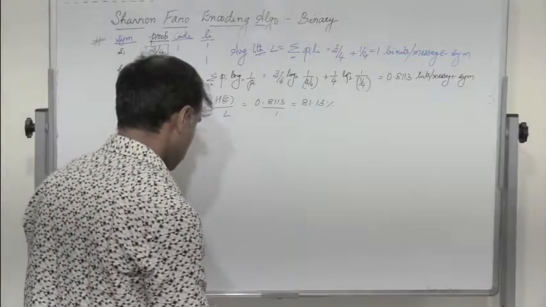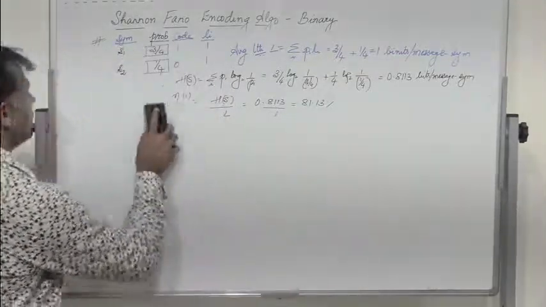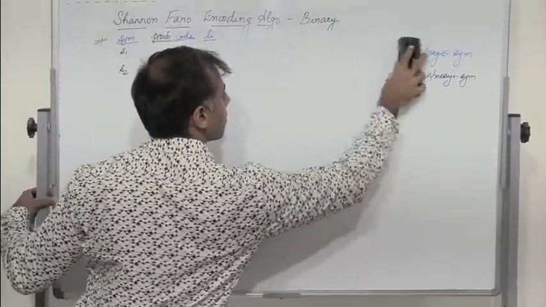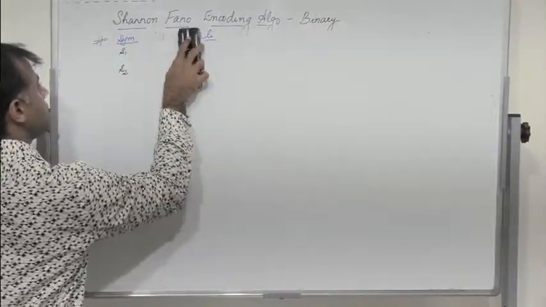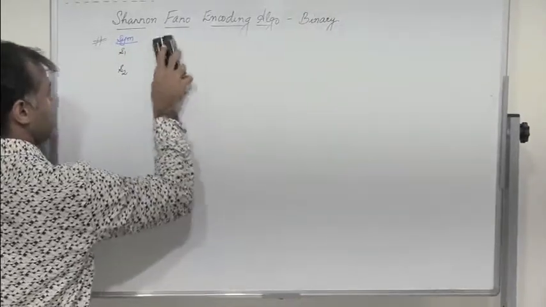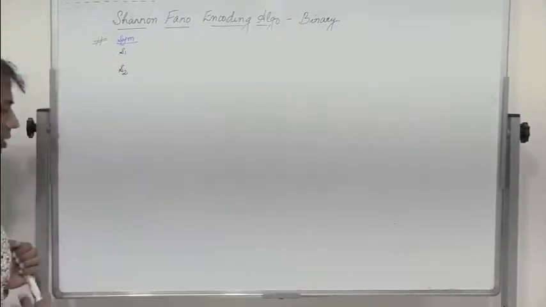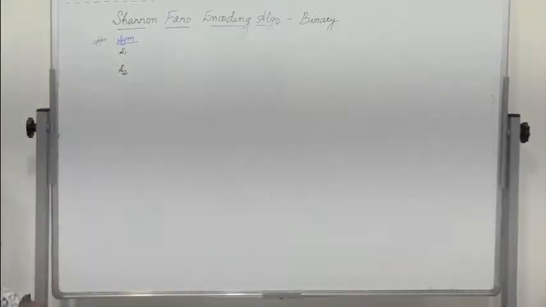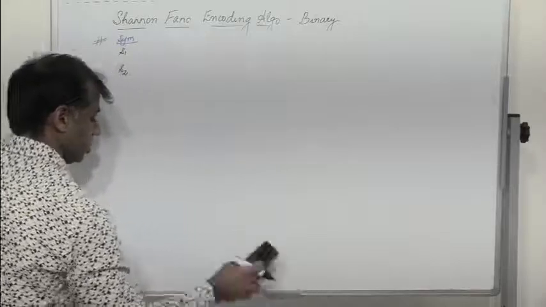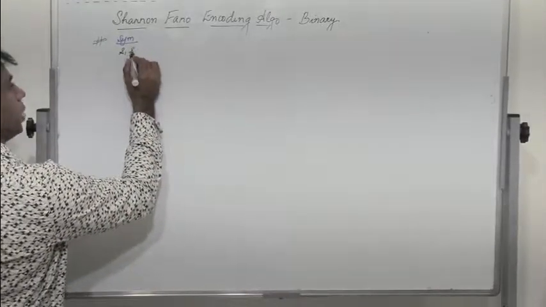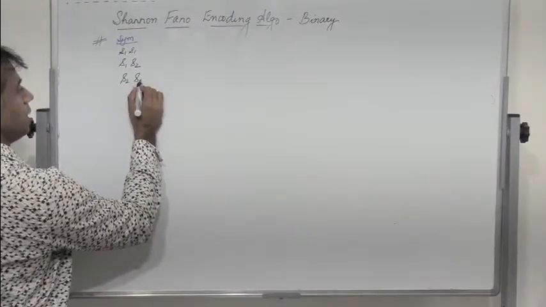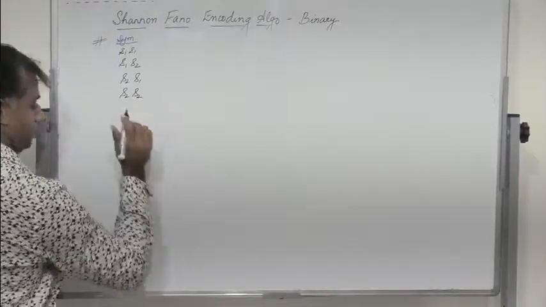Now let us try to find the efficiency for the second extension. How do we find the second extension? The second extension is obtained by multiplying the symbols. I have S1 and S2, two symbols. The possible variations for the second extension are S1 with S1, S1 with S2, S2 with S1, and S2 with S2.